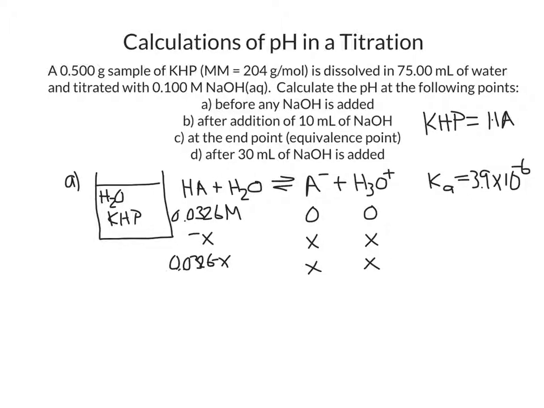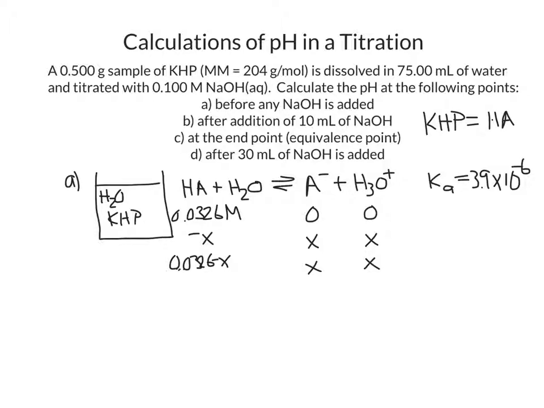Now, we can see that our equilibrium constant is small, so we're not going to make very much product. Since x represents how much product we make, x is going to be quite small, and so we can ignore x relative to 0.0326.